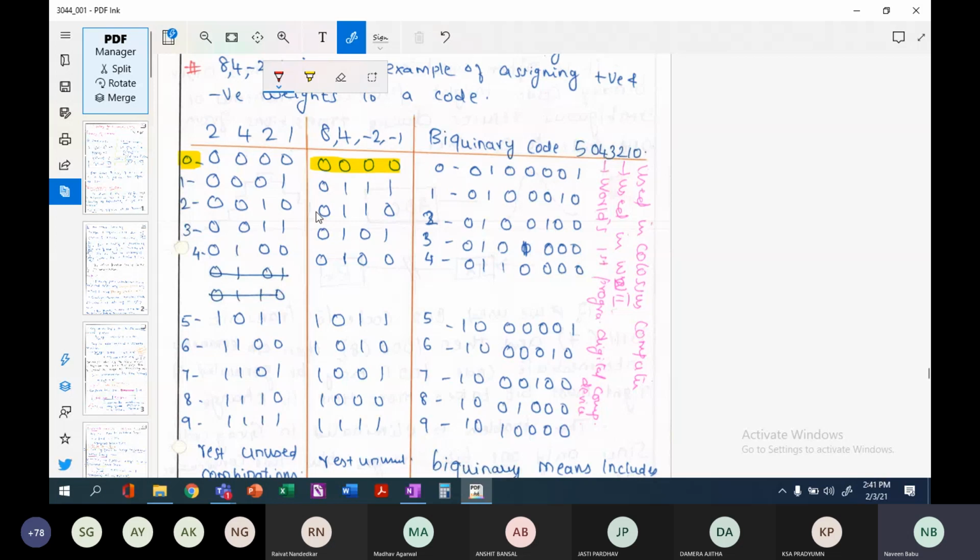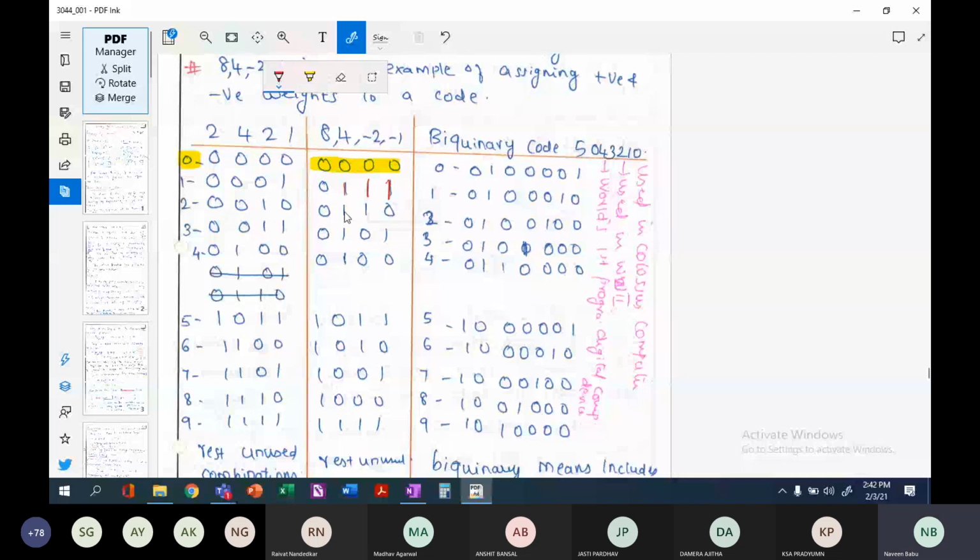So its weight is given as, obviously the first bit is going to be 0. All the bits are going to be 0. So it is 4 minus 2 minus 1 is 1, right? So I give priority to my larger weight here, 1. 4 minus 2 is 2, minus 1 is 1. So these bits are 1.